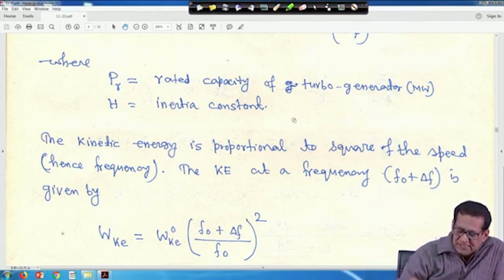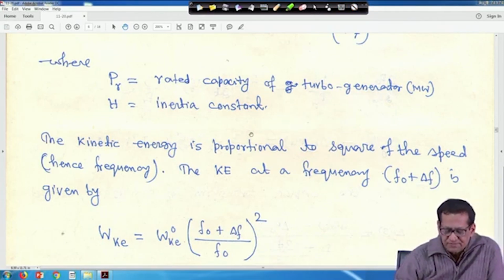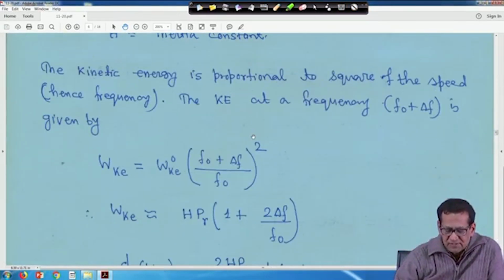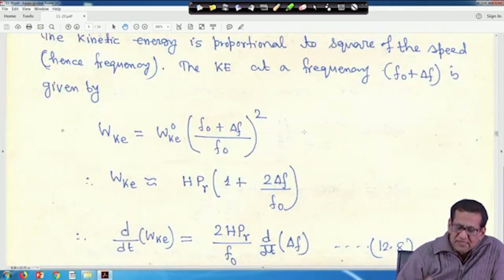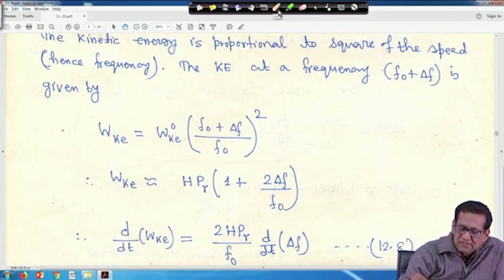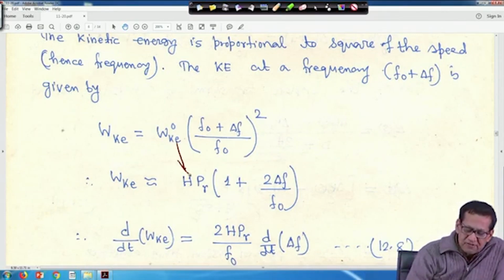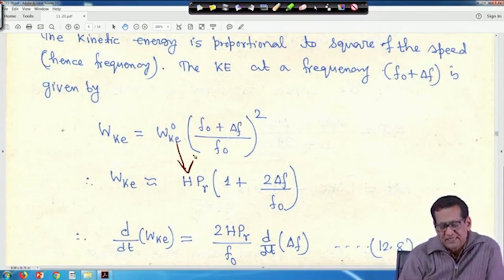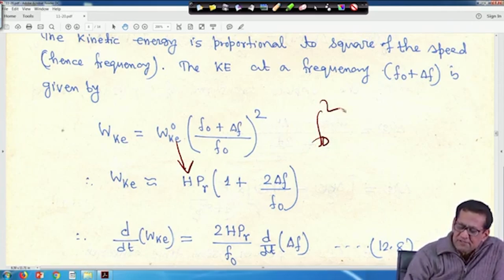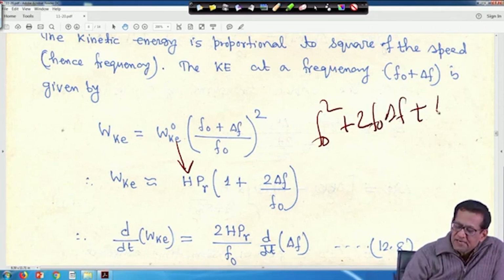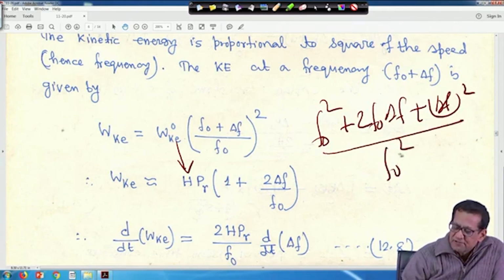Then WKE0 is equal to HPR, which we have taken approximately, and if you expand this, it is F0 square plus 2 F0 delta F plus delta F square, divided by F0 square.